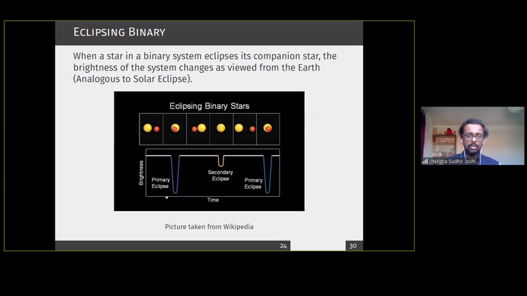So using this period relation, using this luminosity, if we can calculate the mass of the stars, we can actually calculate a lot of things using eclipsing binaries. Exoplanets were first detected by using this eclipsing method.